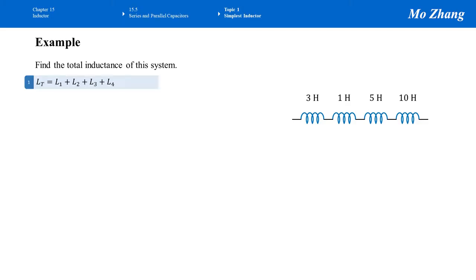Since this circuit has only 4 inductors, we just need to take the 4 terms of that formula. So Lt equals L1 plus L2 plus L3 plus L4. Plug in numbers. 3 Henry plus 1 Henry plus 5 Henry plus 10 Henry. After adding them up, it is 19 Henry.